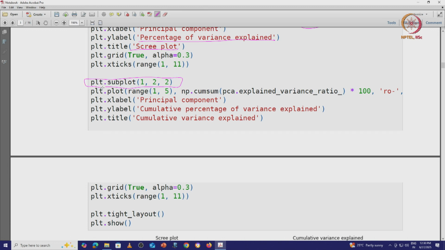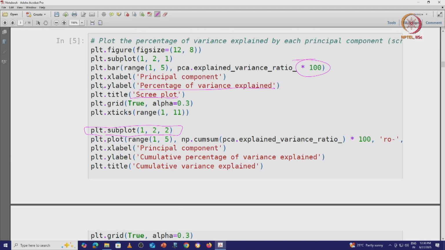So 1 by 2 means there is going to be a grid of 1 row and 2 columns when you make the plots, and then 1 means that you are looking at the first plot, and then 2 means you are trying to make the second plot. Okay, so as we discussed, the first plot, the left plot, shows the explained variance, and the second plot shows the cumulative explained variance. So that's why we are using np.cumsum. That's the cumulative sum command.